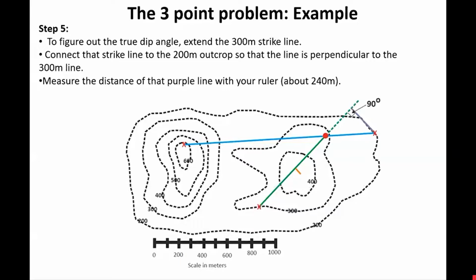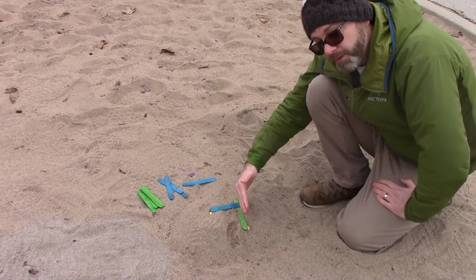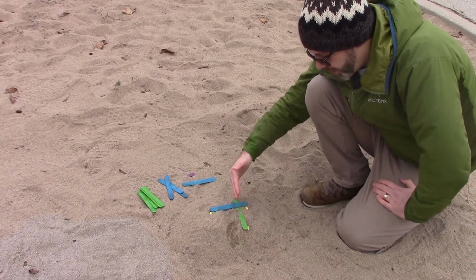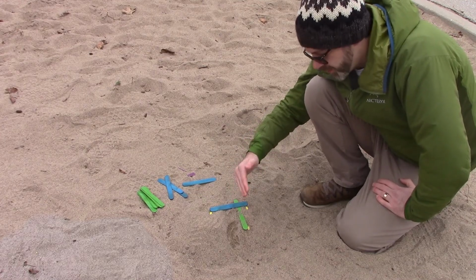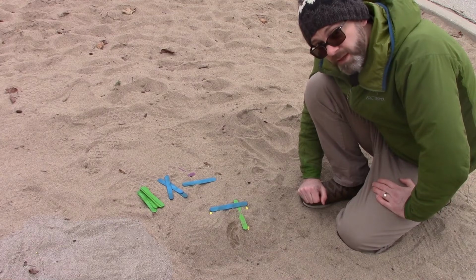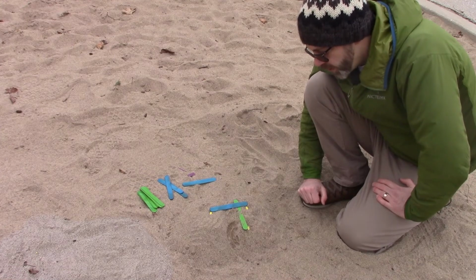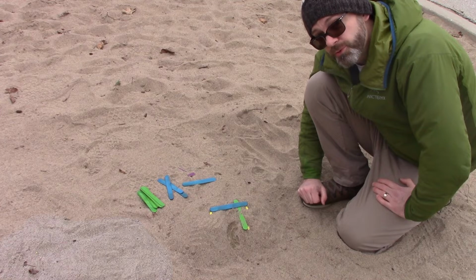We need to extend this structure contour line. Now that we have this line in space, which represents our strike orientation, we need to figure out the true dip.